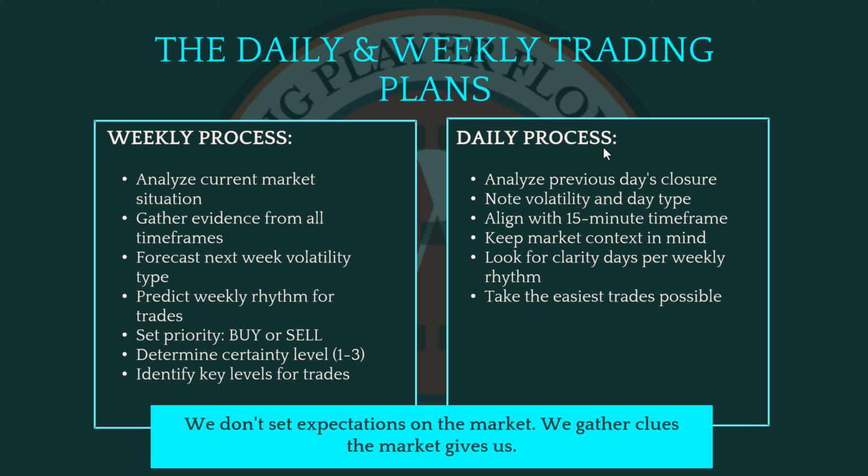We align the previous day with the 15-minute time frame, keeping in mind the context of the market, the weekly analysis we made during the weekend. Then we keep looking for the clarity days according to the rhythm of the week and the clues we gather to take the easiest trades possible.